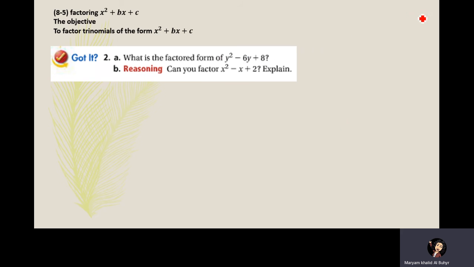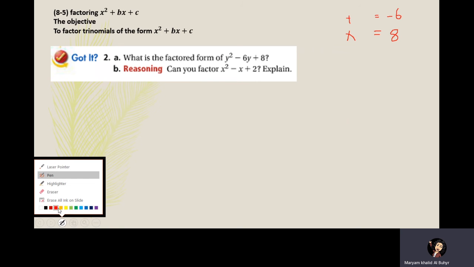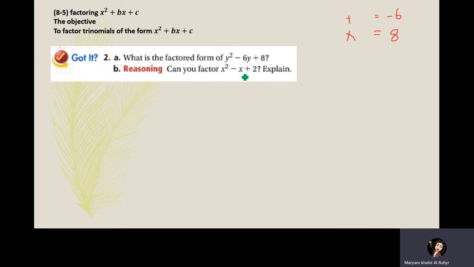I'm going to think about two numbers: once I add them, I will get negative 6. Once I multiply them, I will get 8. So what should I do to find that? Basically and easily, I can say, Miss, I know it is 2 times 4.